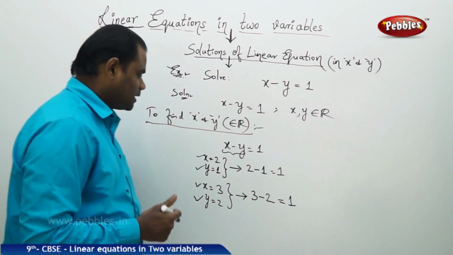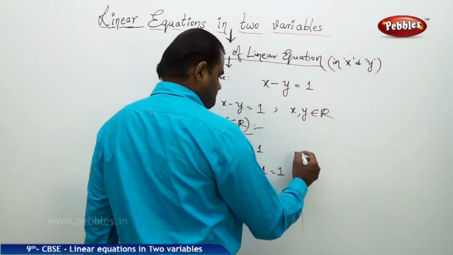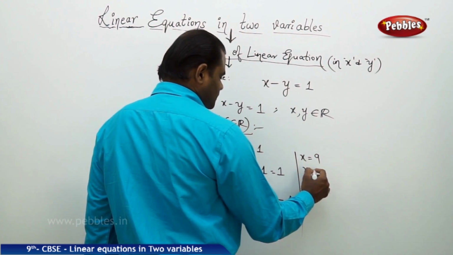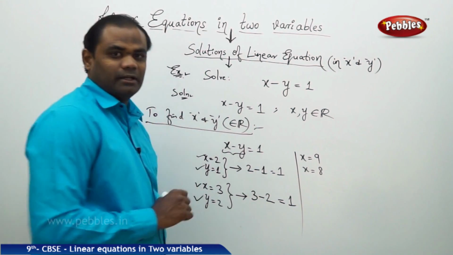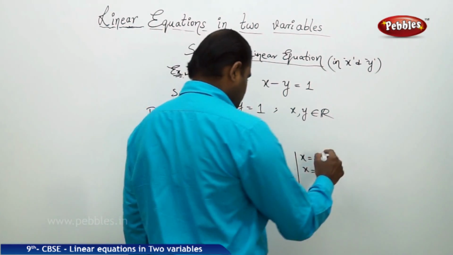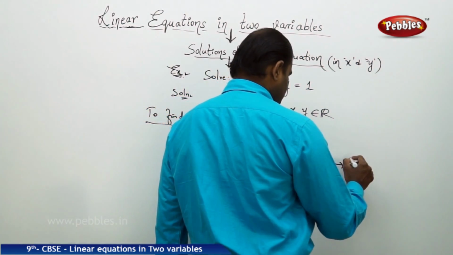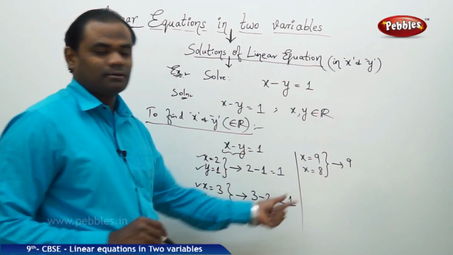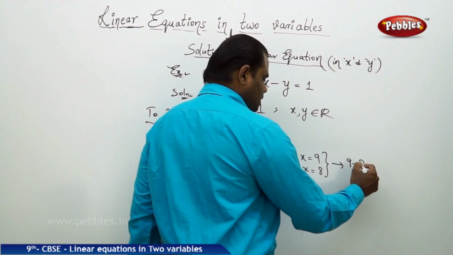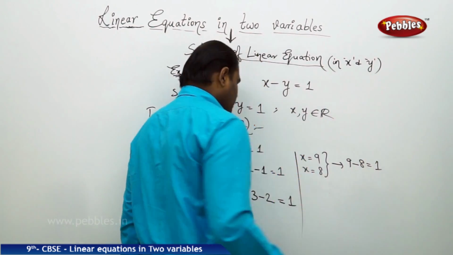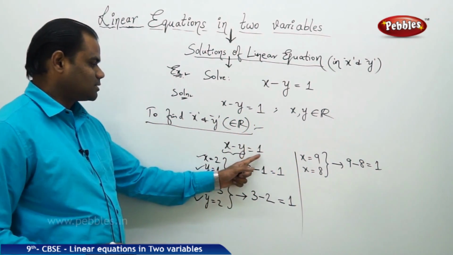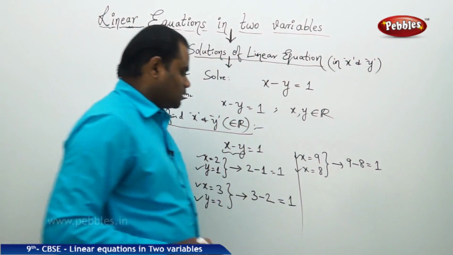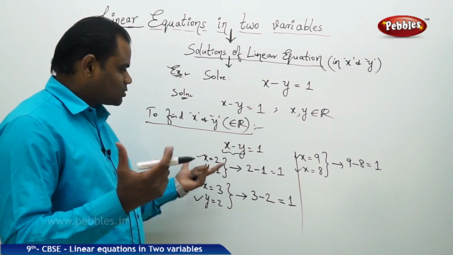Let's try with another example. x equals 9 and y equals 8, and let's see if this is a solution. Substituting 9 for x and 8 for y, 9 minus 8 is 1. Therefore, this also satisfies the given linear equation. So as you can see, there are many solutions.